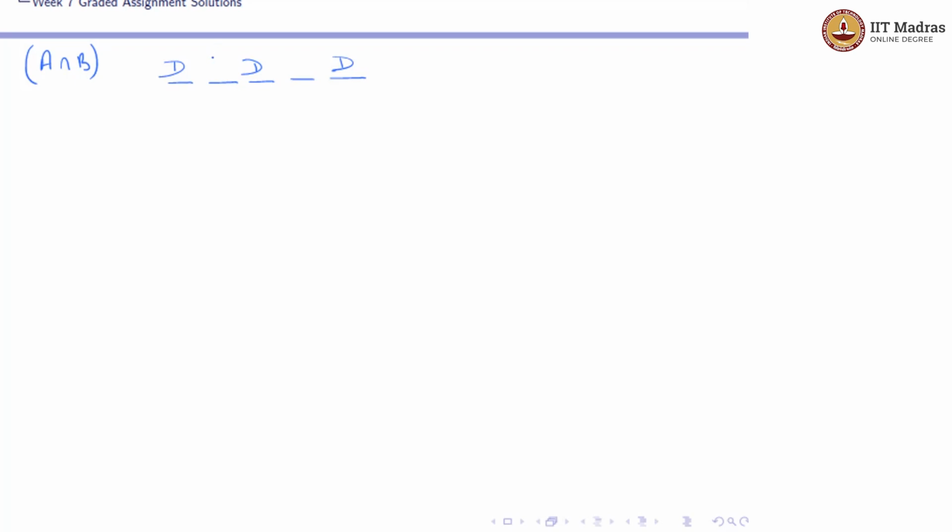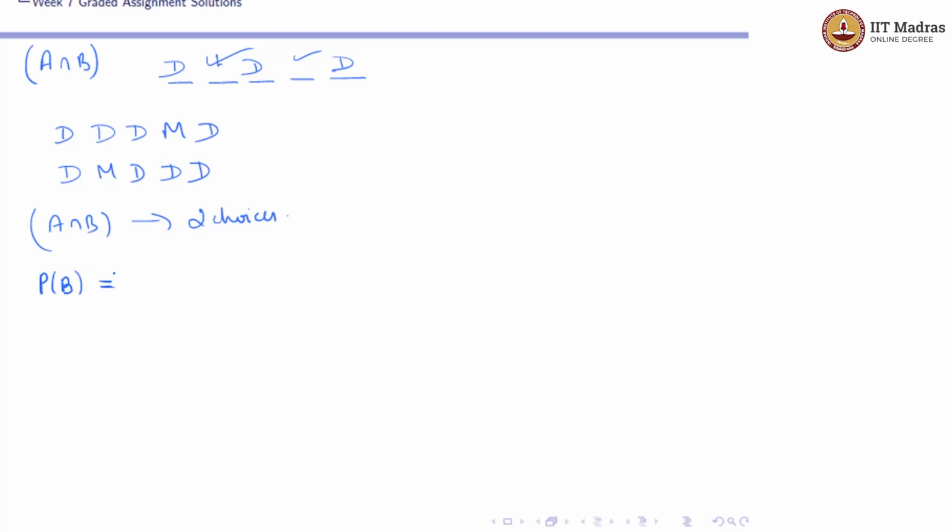The 4 dark chocolates can be in either of two arrangements: dark, dark, dark, milk, dark, or dark, milk, dark, dark, dark. So we have a total of 2 choices for A intersection B. Now we have to find the probability of B.